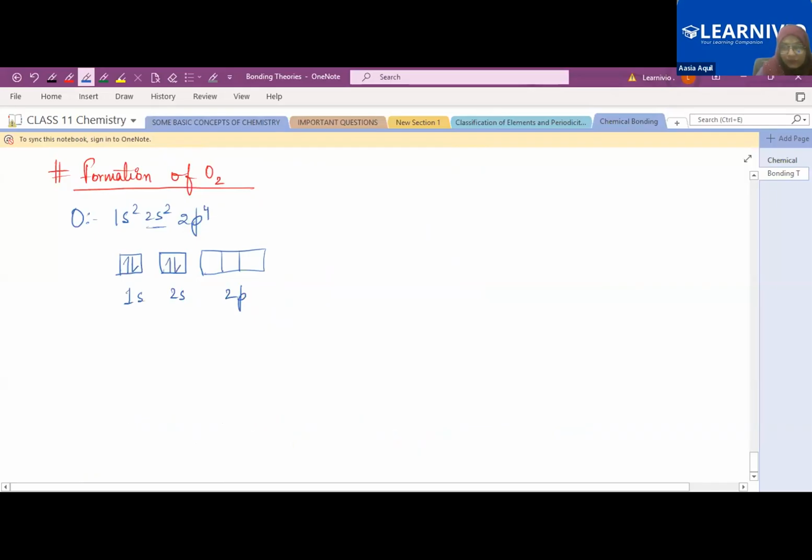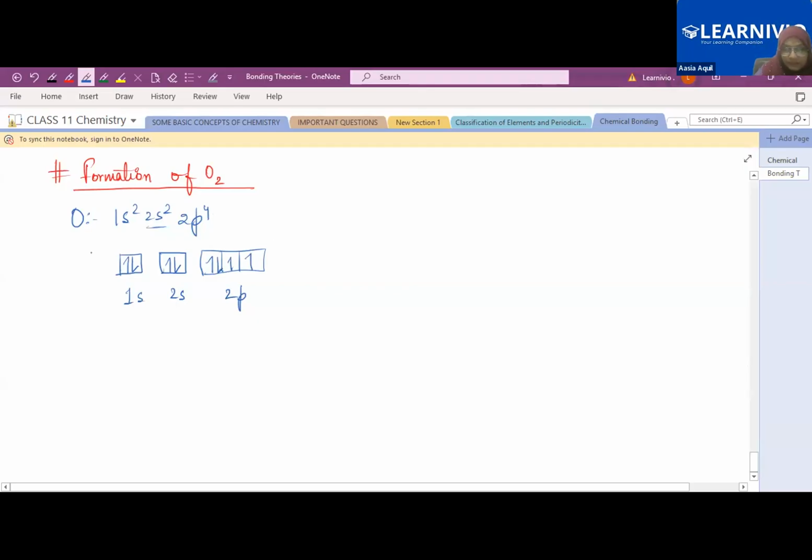In 2p4, first we will singly fill the electron in all the orbitals, 1, 2, 3, then 4. Now tell me how many unpaired electrons are in the 2p subshell? 2. Yes, 2 electrons. So these 2 electrons will participate in the bond formation.